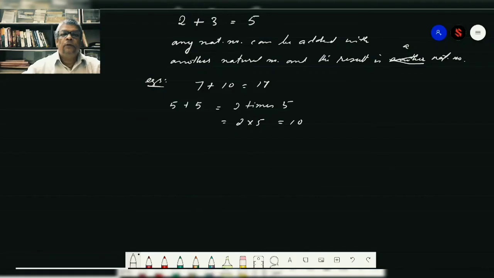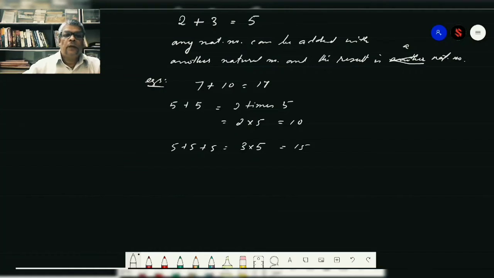So actually this is the meaning of multiplication. The same number is taken and added 2 times. You can have 5 plus 5 plus 5, 3 times. In short form you write it as 3 multiplied by 5 or 3 times 5. The answer is 15.